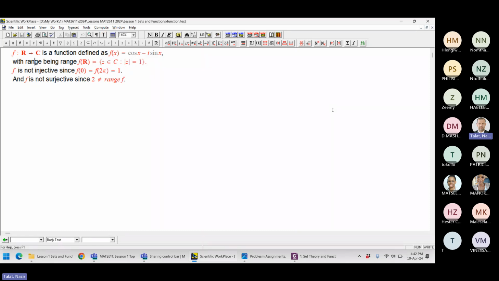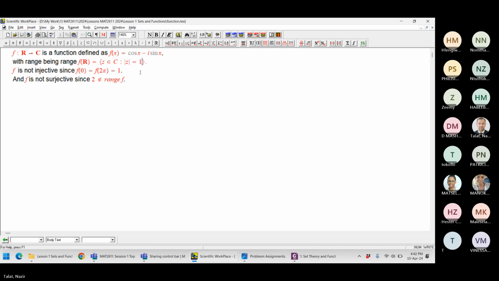Now notice that the range of f is all those complex numbers whose modulus equals 1, because all entries of the range are of the form cos x minus iota sin x, and when you take its modulus, it is equal to 1.